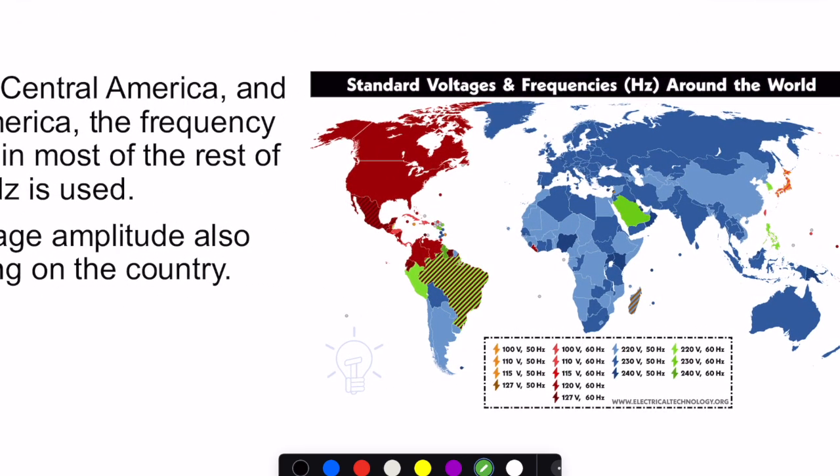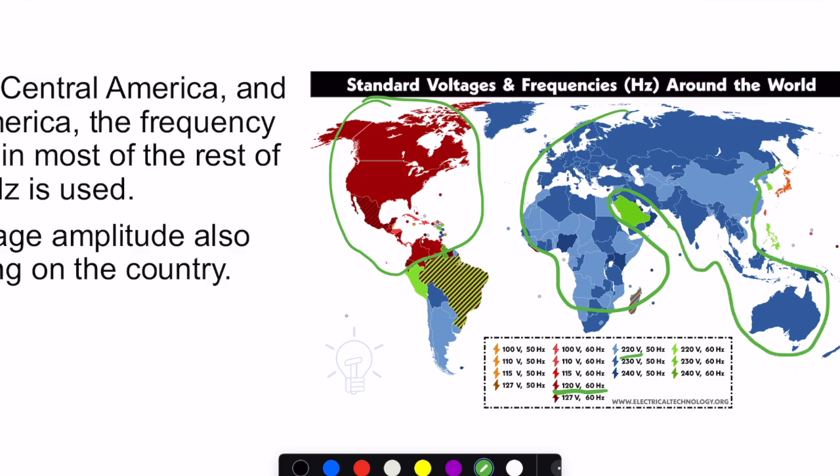And all over the world, you can also use different amplitudes of voltage as your main electricity source in your homes. So in the red area, in North America and the northern part of South America, we typically run on 120 volts, 60 hertz. But other parts of the world mainly run on 50 hertz and a higher voltage of roughly 220, 230, or 240.